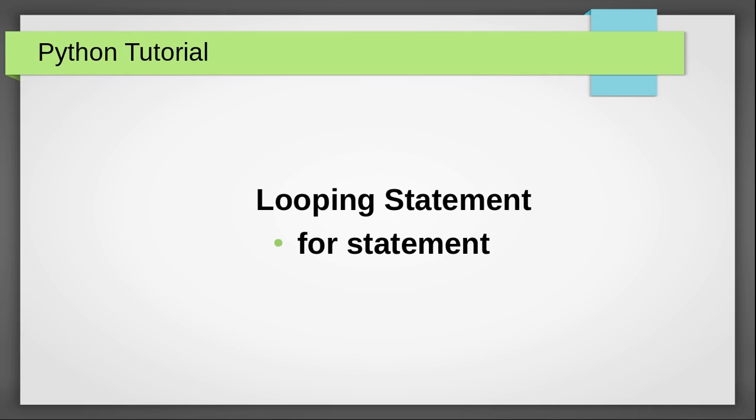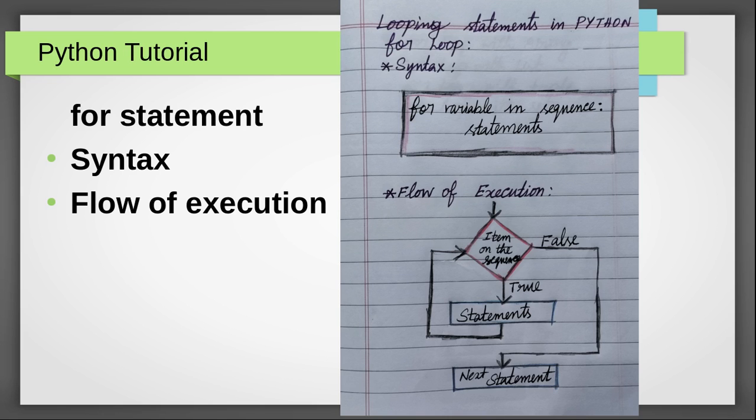In this video we are going to discuss another looping statement in Python, that is the for statement. In Python, the for statement is used to iterate over a sequence of items, which means going through each item in a sequence.